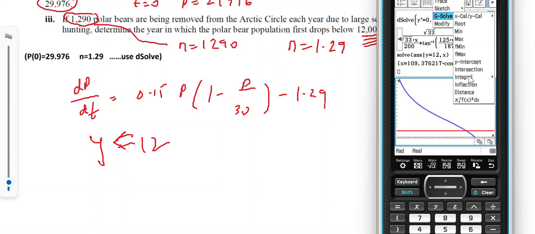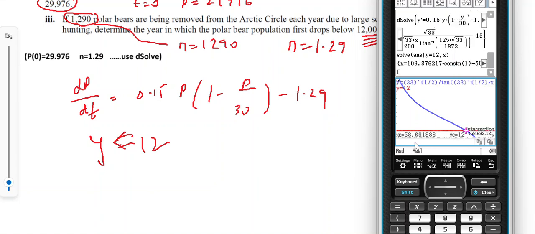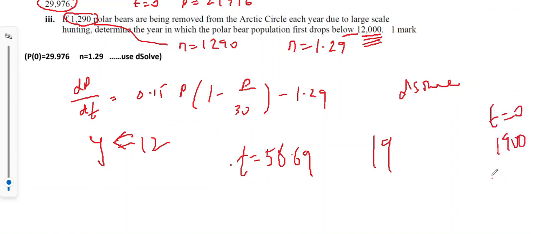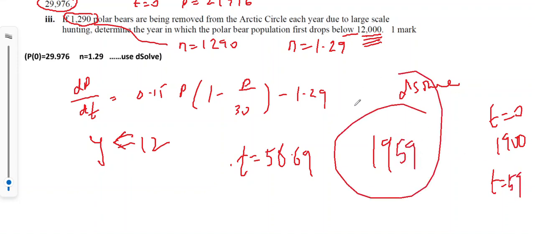Analysis, G-Solve, intersection, and it's at 58.69. So t equals 58.69. The first year in which the polar bear population first drops below 12,000 should be 19... We started at t equals 0 at 1900. Therefore, when t equals 59, it should be 1959 is the first time that it should drop below 12,000.